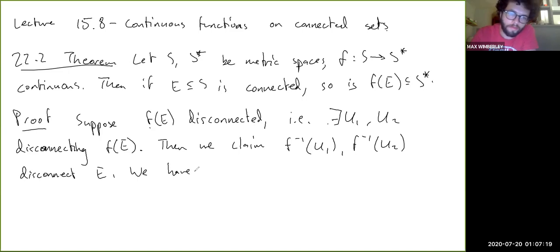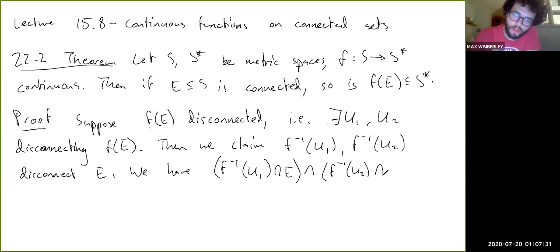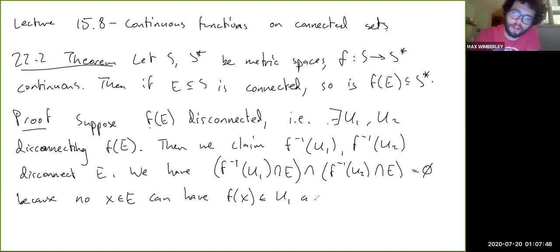We have F inverse of U1 intersect E intersect F inverse U2 intersect E is the empty set, because no X in E can have F of X in U1 and F of X in U2 at once, right?